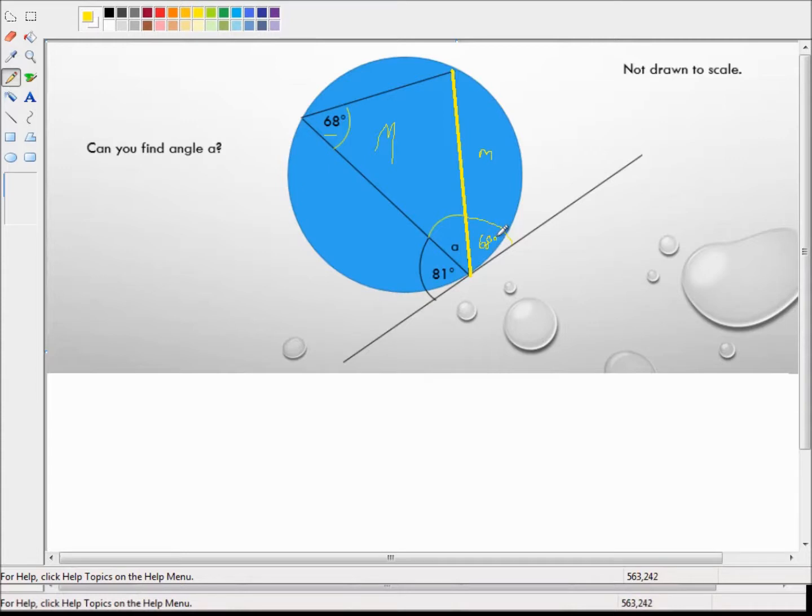And again, I can say that angles that lie on a straight line must add up to 180 degrees. So again, A is 180 degrees minus 81 degrees minus 68 degrees. So let's just do that. So A is equal to 180 degrees minus 81 degrees.